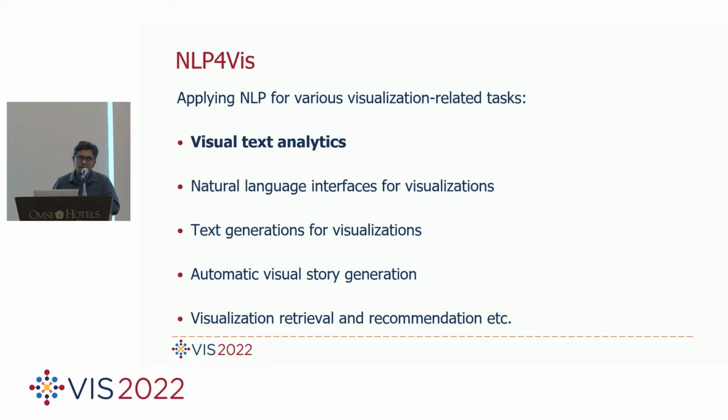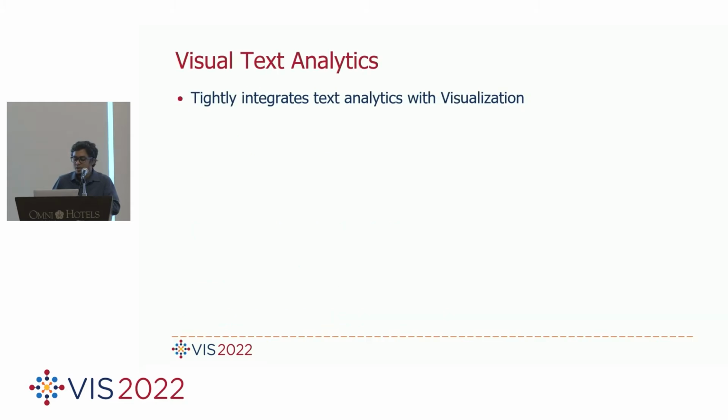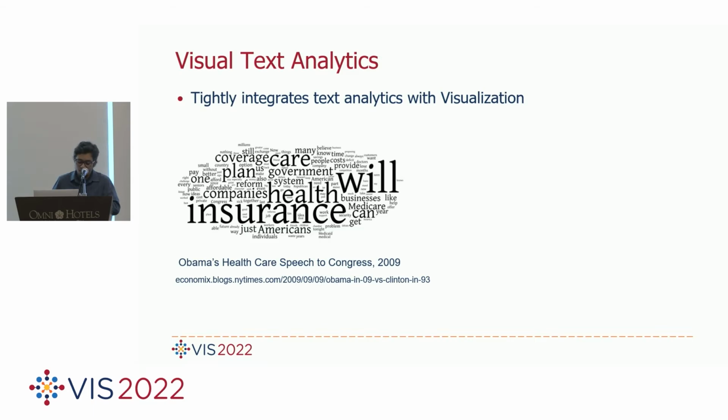So just to illustrate an example of each of these tasks, for text analytics, there have been various text visualization techniques proposed over decades, including very basic techniques like word cloud or tag cloud, where we take a document, analyze the frequency of words, and then visualize the frequency of those words, perhaps using the font size.